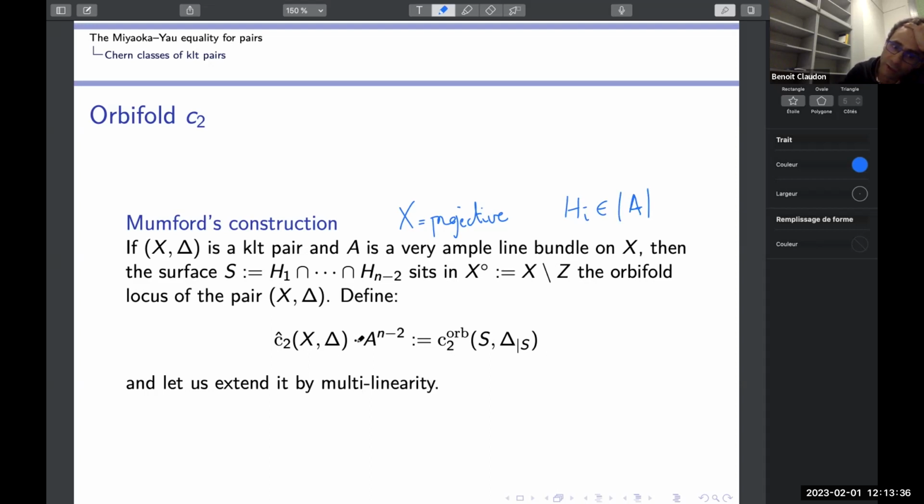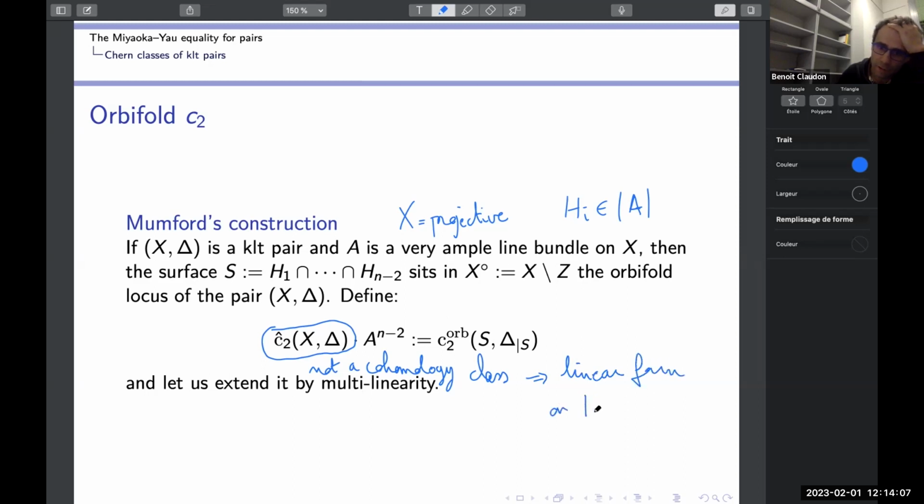And so it's tempting to define it, but you see that it's hard to define this as a cohomology class. But we can define a number. So it's better to say that it's a linear functional, a linear form on, let's say, H2.